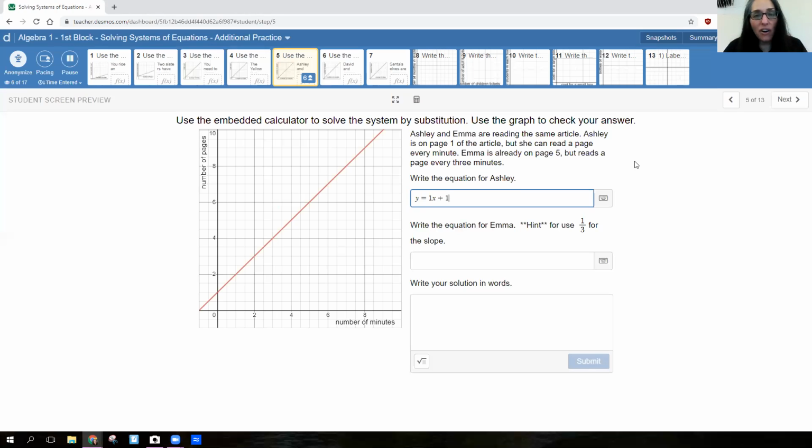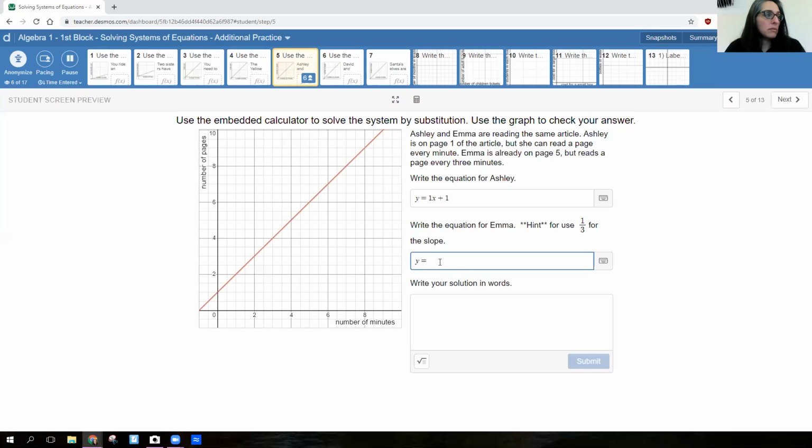You could technically argue and I guess put 0 there if she's on page 1. We don't know if she's finished page 1 or what, but that's okay. So 1x plus 1. Emma is already on page 5 and she reads a little slower. She reads 1 page every 3 minutes.